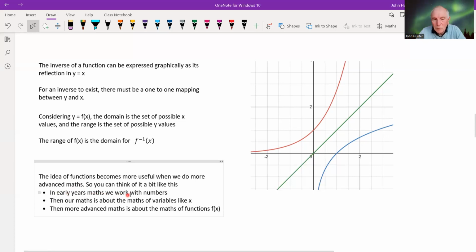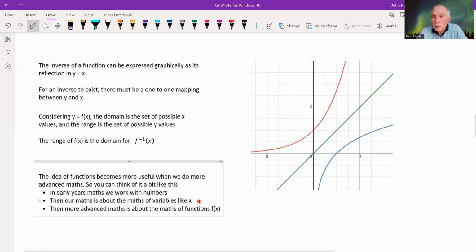We're dealing with numbers and operations on numbers, and then as we get more advanced, we start using variables, and our maths and our processes and our methods tend to be with variables, x for instance.